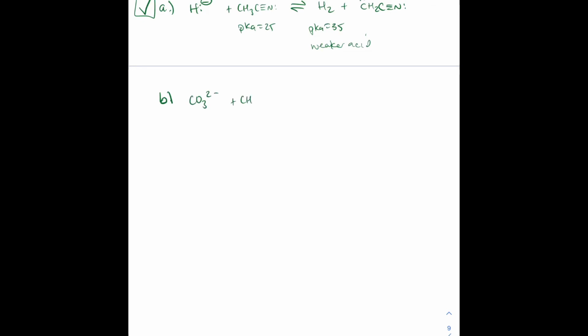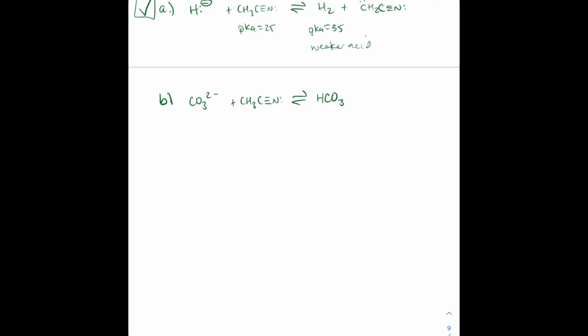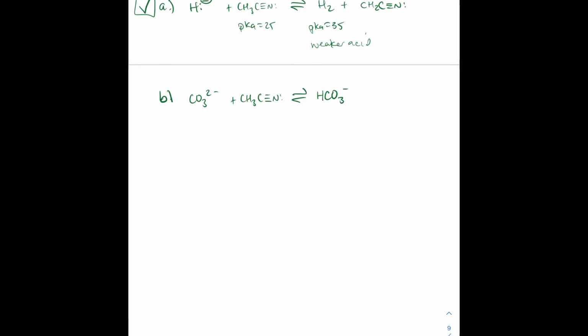Alright, so CO3 2 minus. Then we've got CH3CN for our acetonitrile going to bicarbonate as well as our conjugate base. Based on the numbers I gave you above, we've got a pKa of 25 for acetonitrile, and a pKa of 10.2 for the bicarbonate.